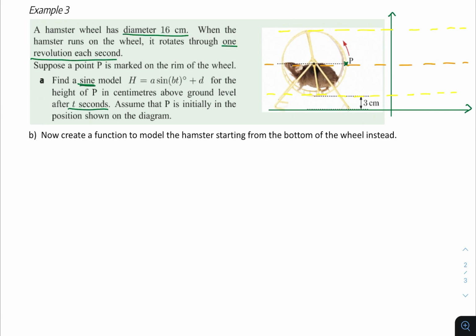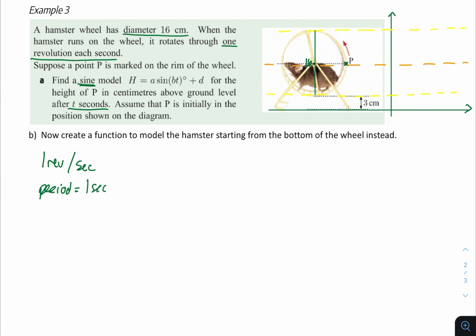First, the diameter of the wheel, so from maximum to middle back to minimum, this is 16 centimeters. We have one revolution every second, right? So if we do one rotation every second, that means that my period is equal to 1 second.